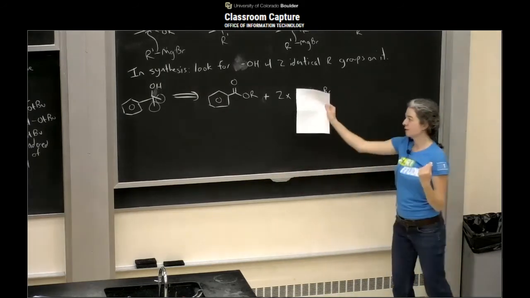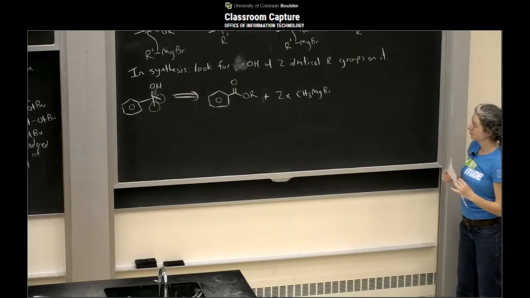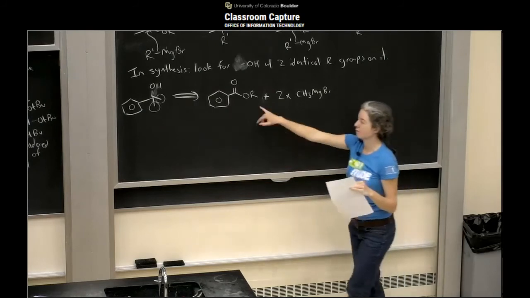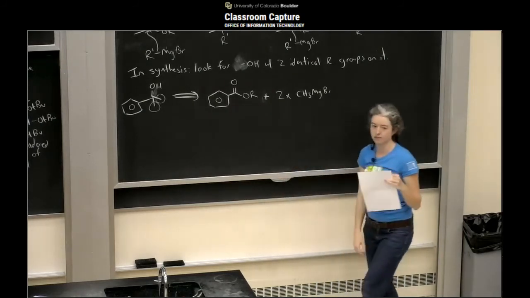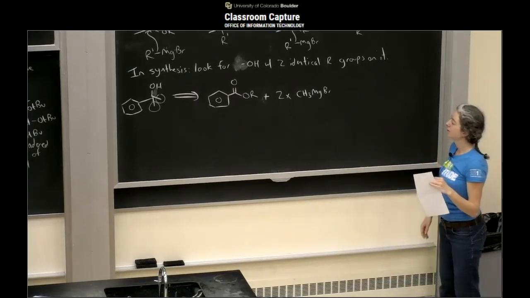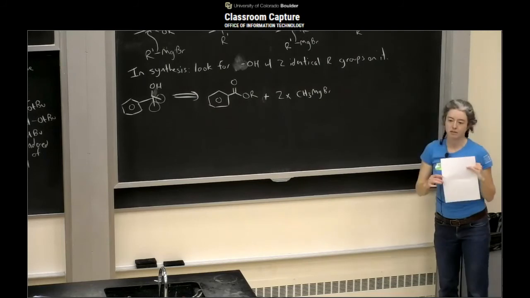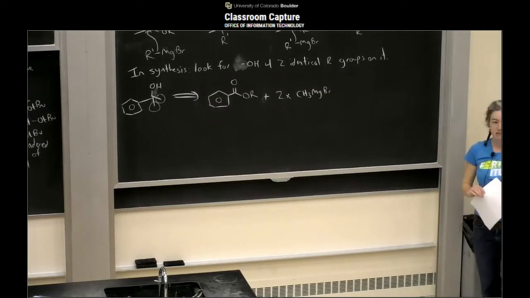And that would be just a one-step reaction to add both those 2 R groups on at the same time. Okay. And then, I might have to make this from whatever precursors moving backwards depending on what the exact conditions of the synthesis problem are. But this is a good way to make multiple things happen at once. Okay. Questions about that?